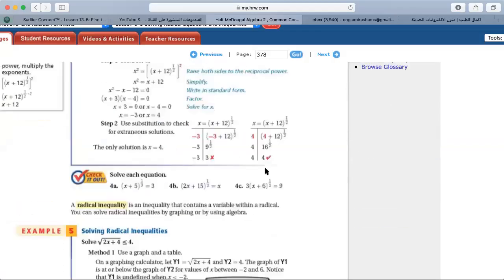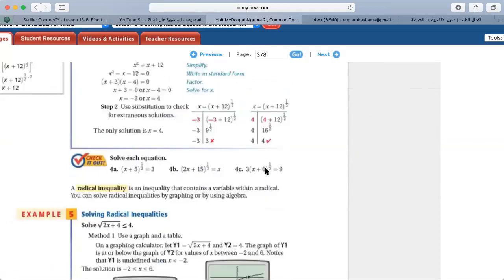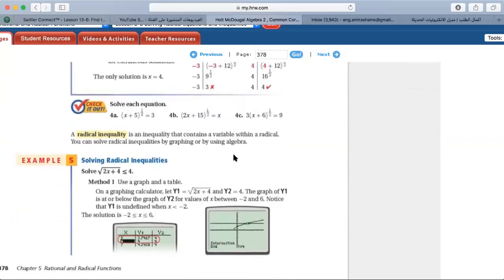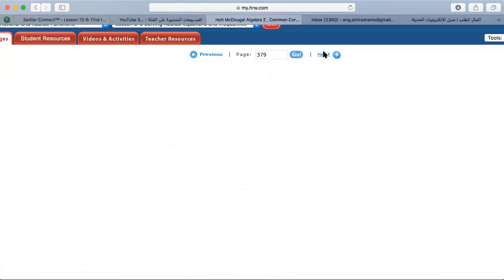The last part that we're going to study here in this lesson, the radical inequality. A radical inequality is an inequality that contains a variable within a radical. You can solve a radical inequality by graphing or by using algebra. The first method is to answer it using the graphing calculator, and the second is by using algebra.